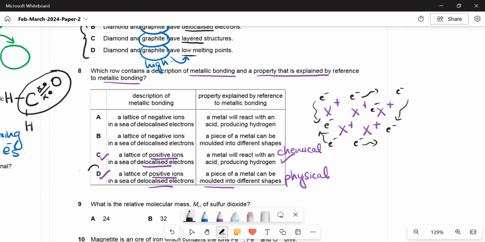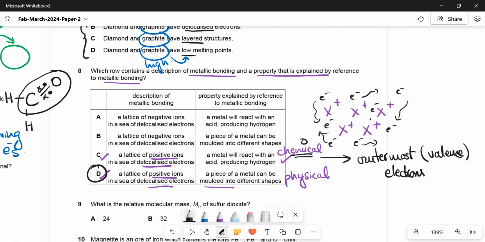The answer here is D, because C is a chemical property. The chemical properties are explained by the outer electrons or the valence electrons which are present in the structure. In any atom, in a metal, how many valence electrons are present? So the metallic bonding or the structure explains the malleability, not the chemical property.